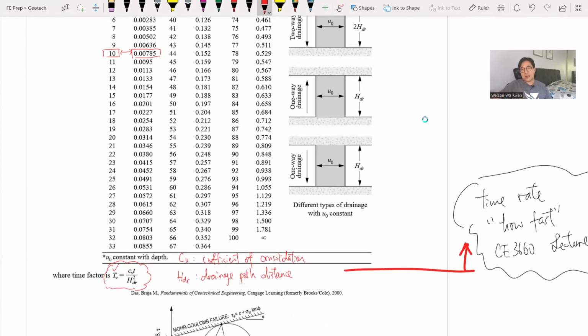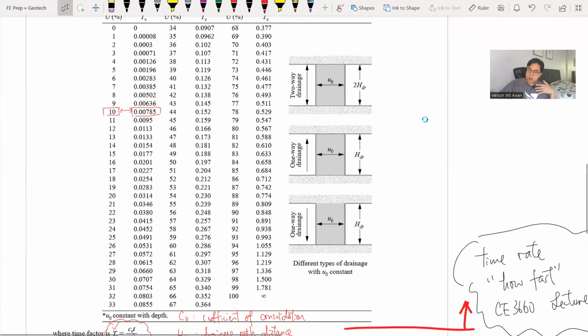And again, H sub DR is the water drainage path, which is further explained in these three graphs here. We need to consider the drainage conditions.